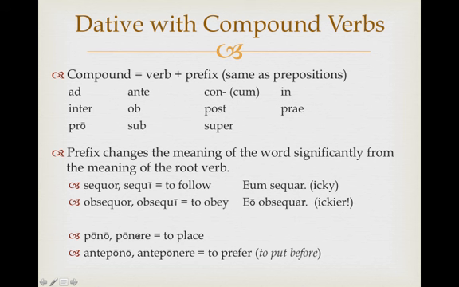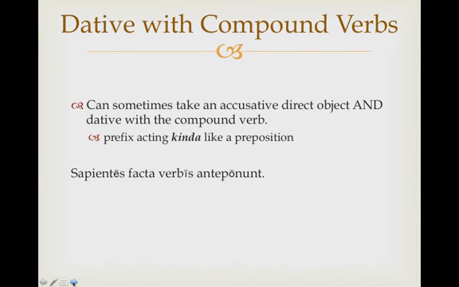Same with pono, ponere, right? That means to place, but antepono, anteponere means to prefer. And that's a significant enough change that you're going to have dative with the compound verb. Now, the last thing you need to know is that sometimes one of these compound verbs can take an accusative direct object and a dative with the compound verb.